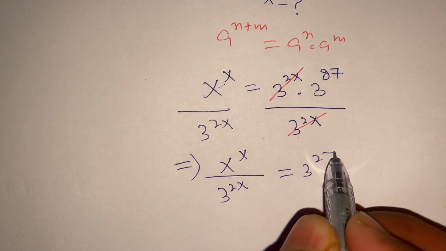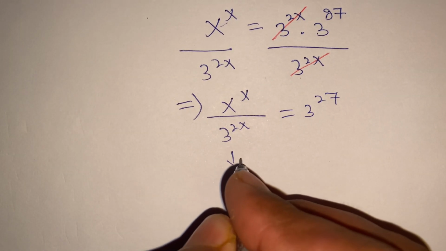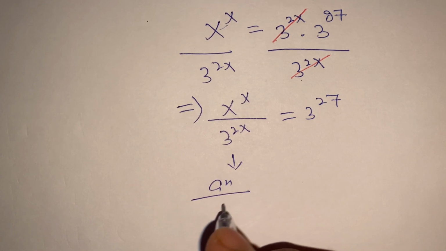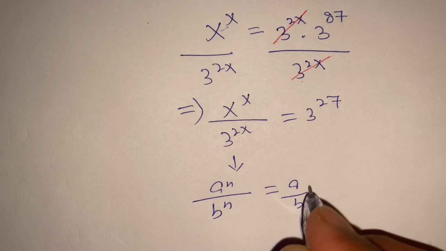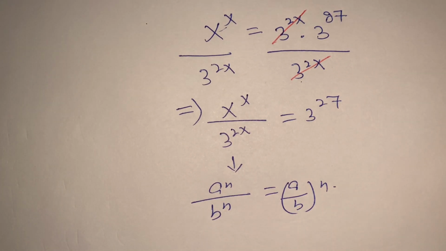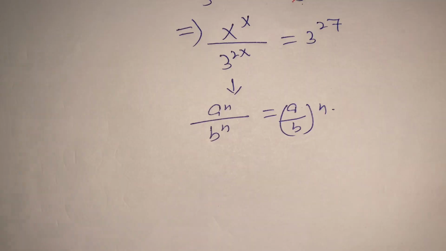is equal to 3^27. Now in the next step, we know that a^n divided by b^n is equal to (a divided by b) whole power n. Now we use this identity on the left hand side of our above equation.